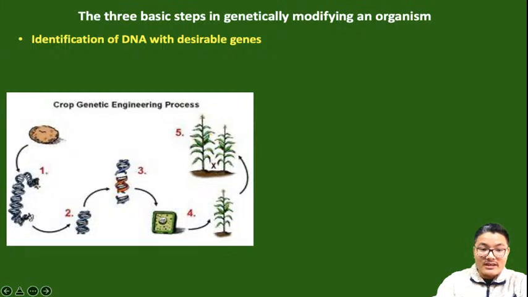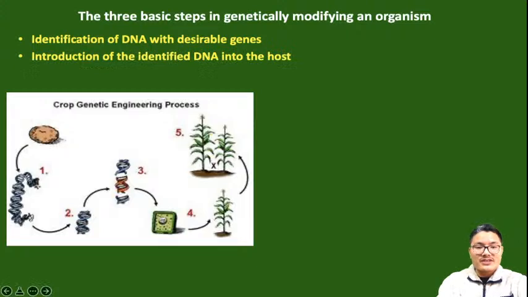Okay, after isolating the gene of interest, we should try to introduce the gene of interest which was identified into the host organism. Now here the host plant is maize or corn. Suppose we do not have a corn which is rich in starch, so we can introduce the starch-producing gene obtained from potato into the cell of the maize plant.